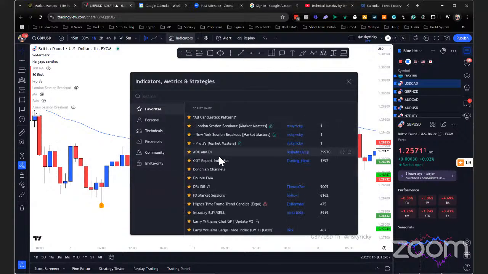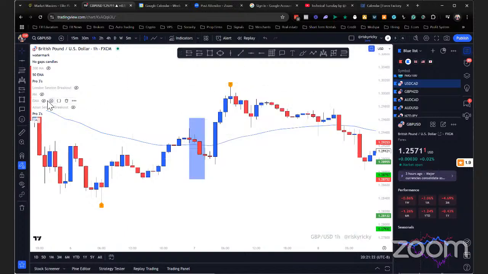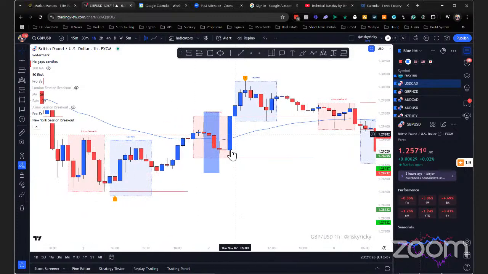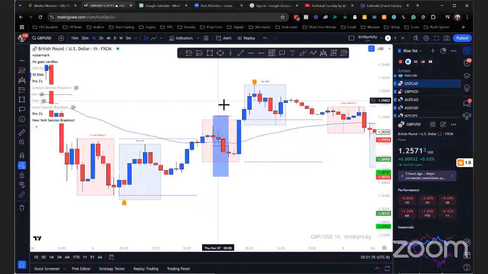One second. No, okay. Yeah, so for New York session, that's something else, but there's certain pairs that work best for New York and some that work best for London session.